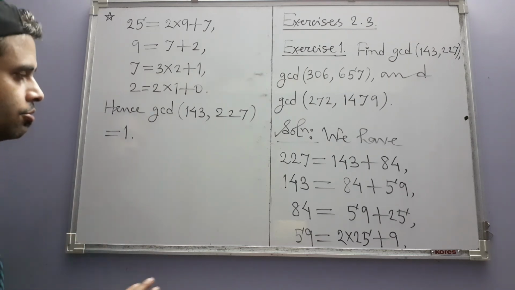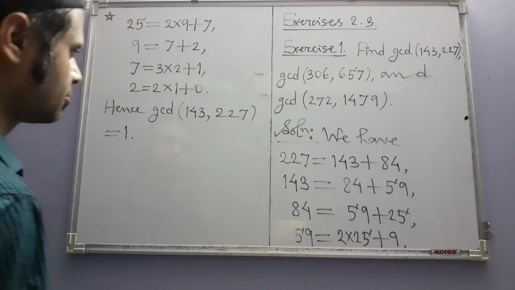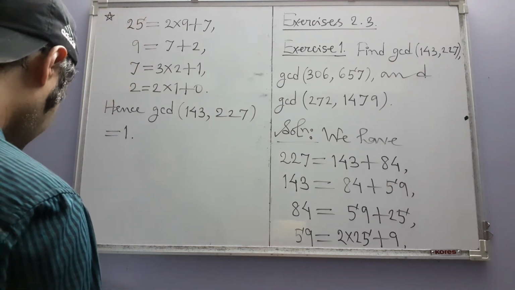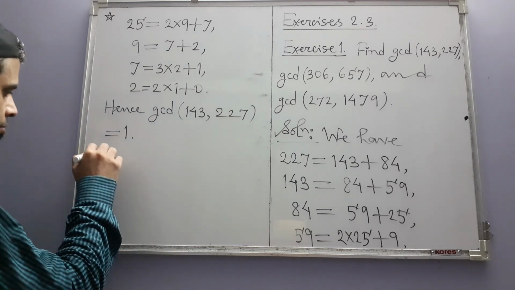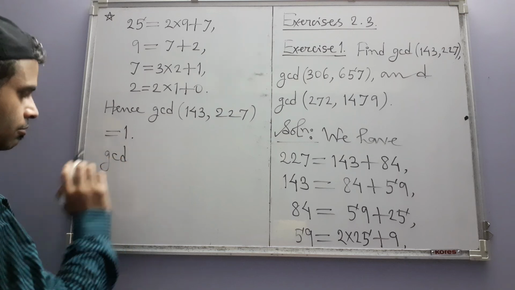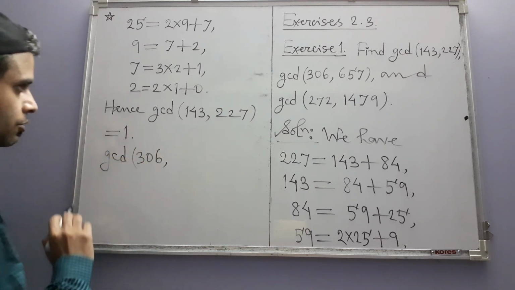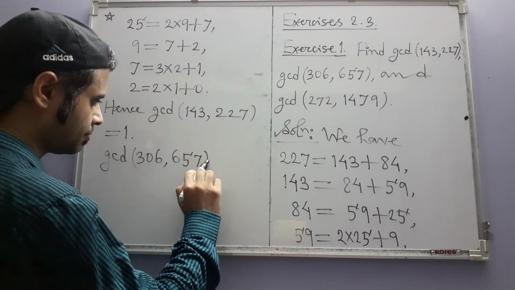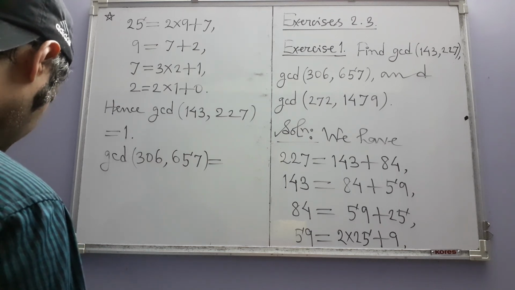And the other two I will not do, I am leaving that to you. You please go through the calculations, and I will however write the answer. GCD of 306 and 657 turns out to be equal to, what was it, 9 I think, yes.